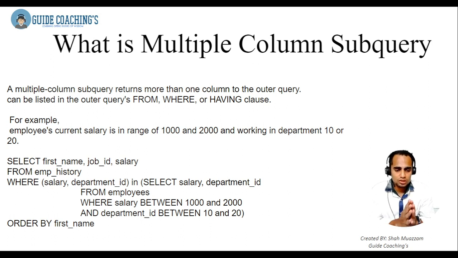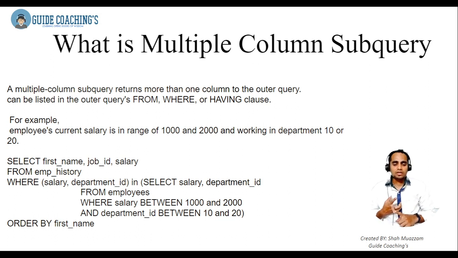So here if you see, I have salary and department id, these two columns, these two parameters in select. Now in this IN, I have the select salary, department id, because I will be working on department id and salary. So I have taken these two columns from the employee table, where salary is between 10,000 and 20,000.